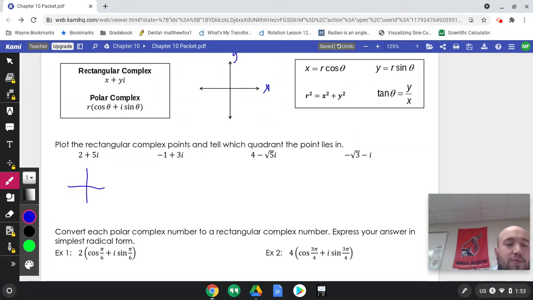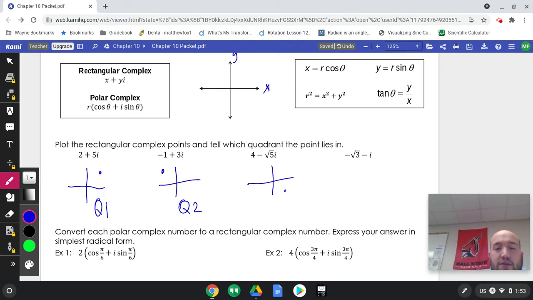I don't need the exact spot, but if it's to the right and up, so somewhere over there in quadrant 1. Now -1 plus 3i, that's left and up, so that's somewhere in quadrant 2. 4 is to the right, negative square root of 5i, so somewhere down here in quadrant 4. And our final one, they're both negative, down here in quadrant 3.